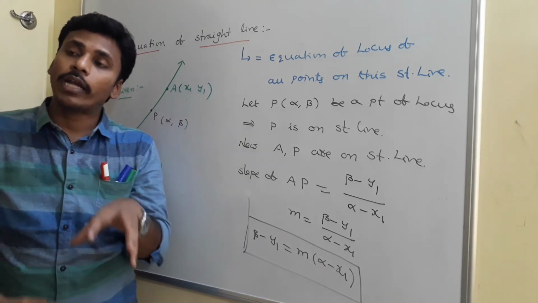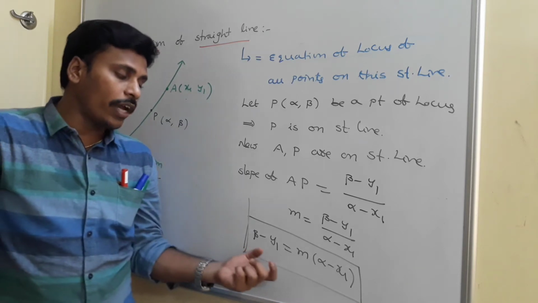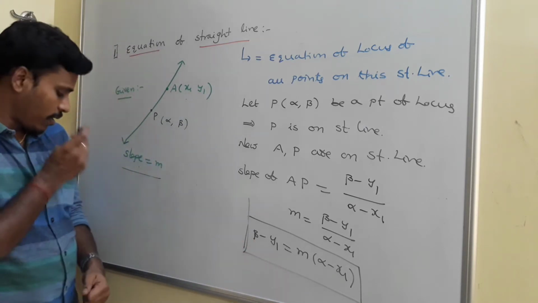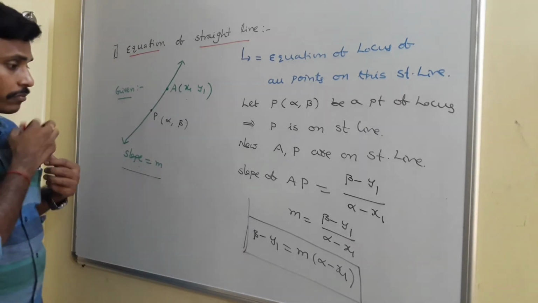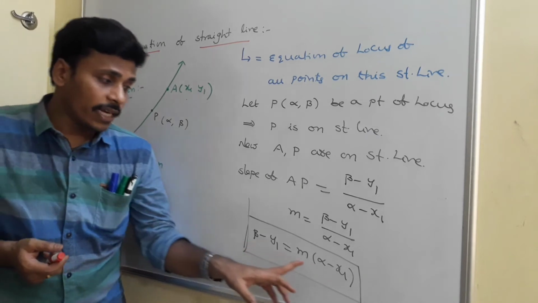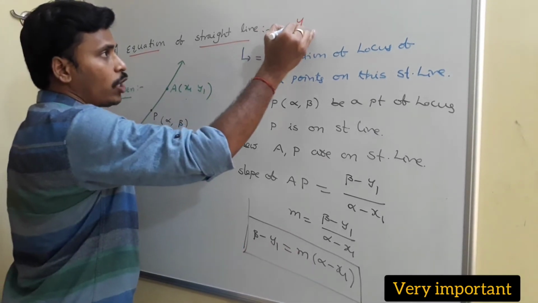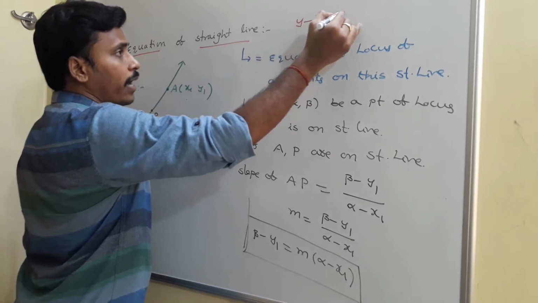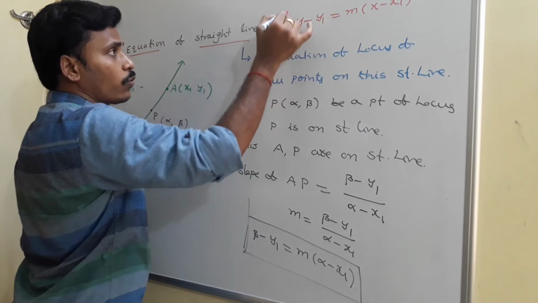For an arbitrary point alpha beta, the final equation in terms of alpha beta is this one. If you wish to generalize it, you need to replace alpha and beta with x comma y. Then at the end your answer is y minus y1 is equal to m into x minus x1.